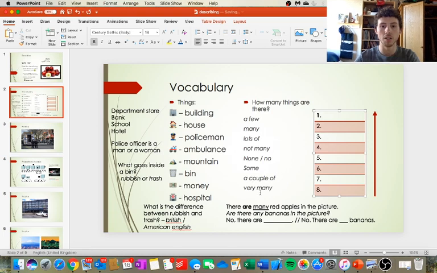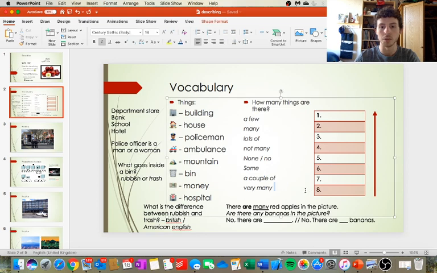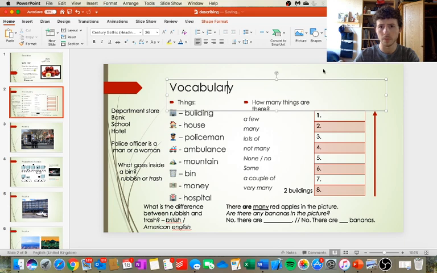So where do our words and phrases go in this order? Say if this was two buildings, and this was 1,000 buildings.